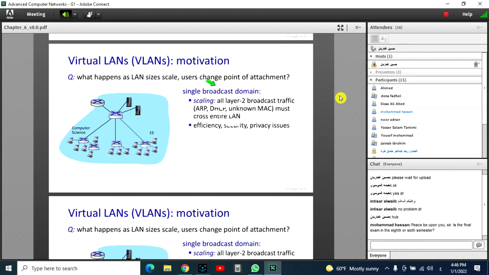And now we are talking about layer 2. In layer 3, yes, I can filter those data using the IP addresses.